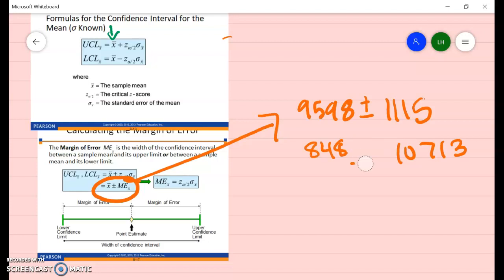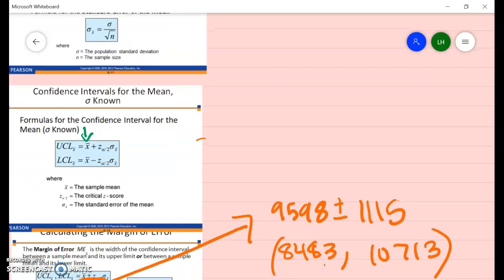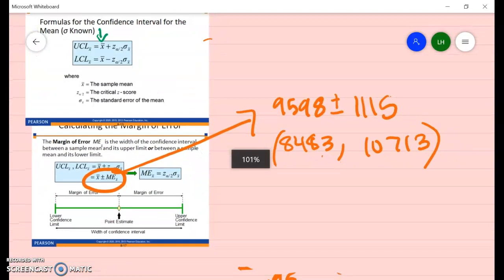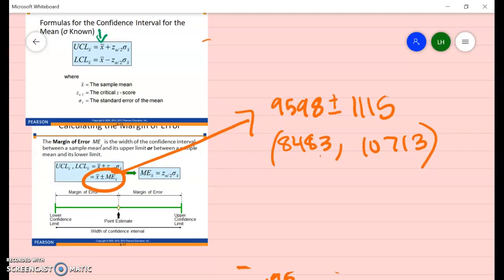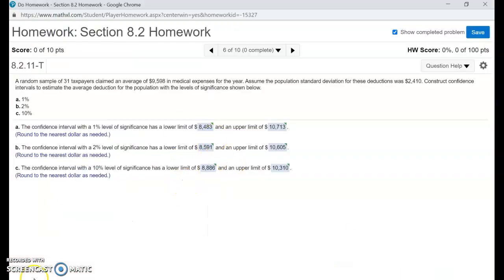Now notice in these problems, you're saving a lot of work because you're not having to figure out the probability to look up the z-value, and you're not having to calculate the standard error of the mean. Those have been multiplied together, and you get the margin of error from Excel. So all you're really having to calculate is adding it and subtracting it from the sample mean.